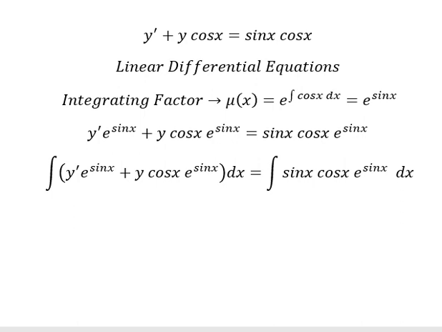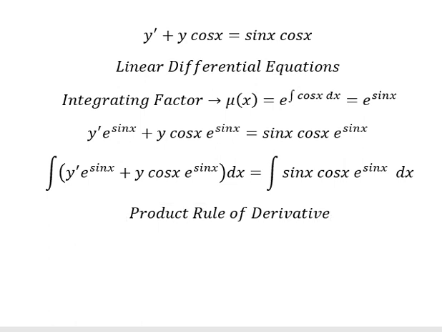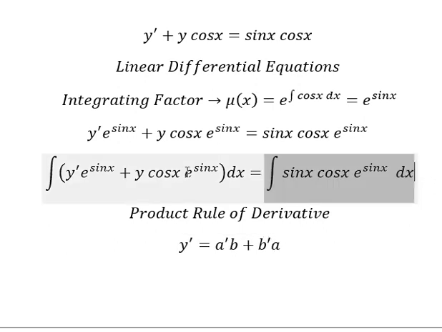So we need to use the product rule of the derivative. So we have the first derivative of a times b equals the first derivative of a multiplied by b plus the first derivative of b multiplied by a.